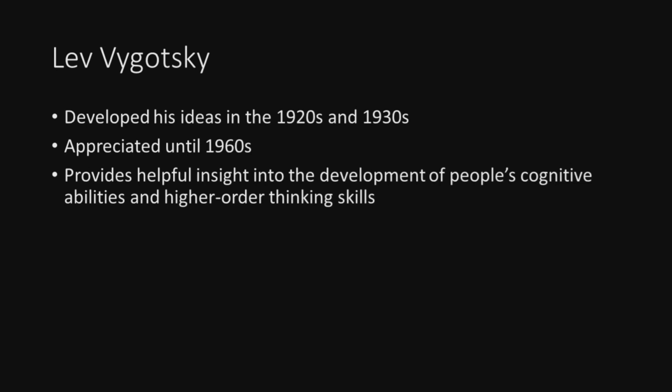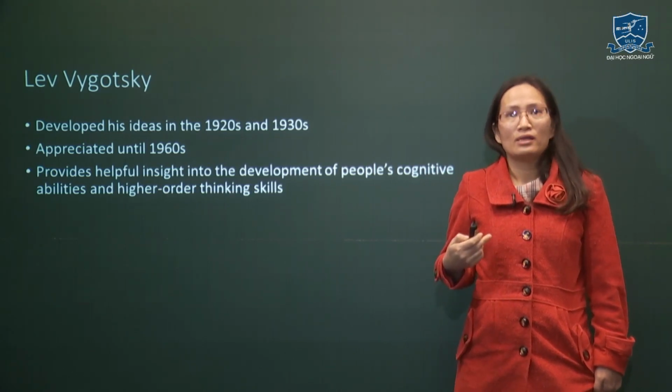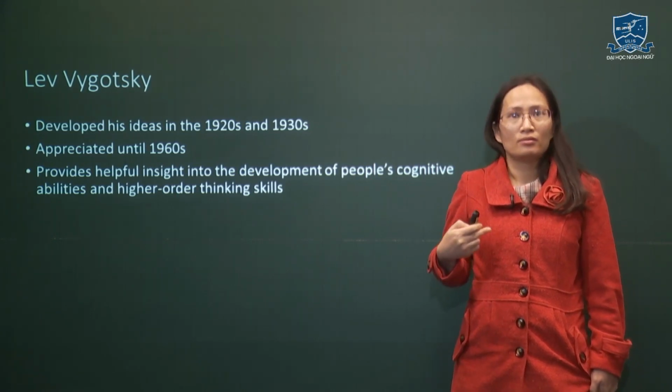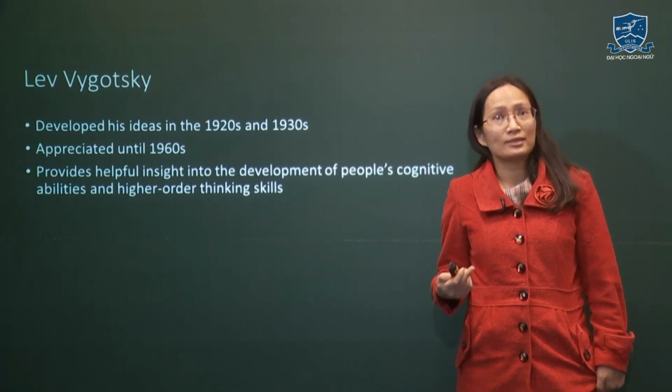Vygotsky's social constructivism provides helpful insight into the development of people's cognitive ability and higher order thinking skills. By higher order thinking skills, I mean the skills that learners need to control their process of learning, to control the concrete specific strategies to accomplish a task.